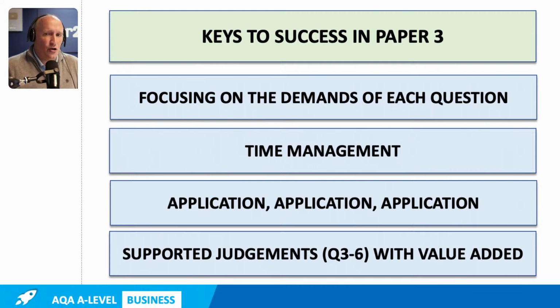Therefore, you need to make sure you allow enough time in each of those 4 questions, questions 3, 4, 5 and 6, to write a fully justified conclusion, including some extra application, because you should apply it throughout your response, not just in the arguments. Evaluate as you go if you can. You don't have to, but it's a good thing to do. But please make sure that you get those evaluations down in those 4 questions, because it makes a massive difference to the overall quality and marks of your responses.